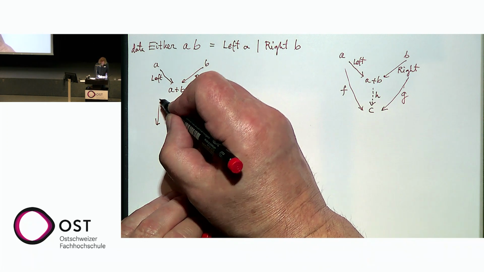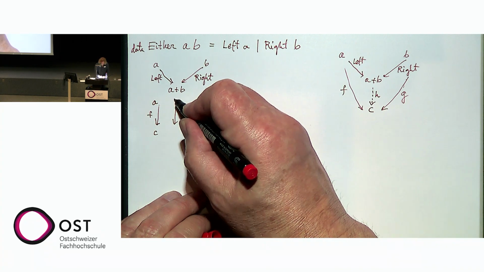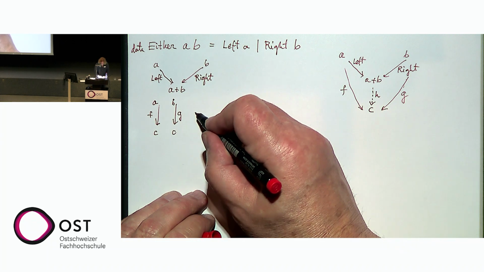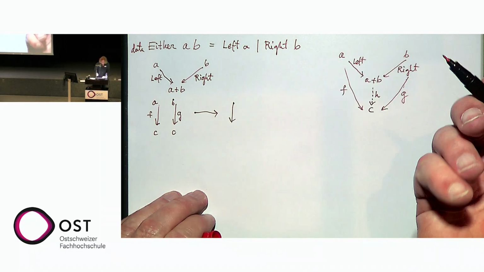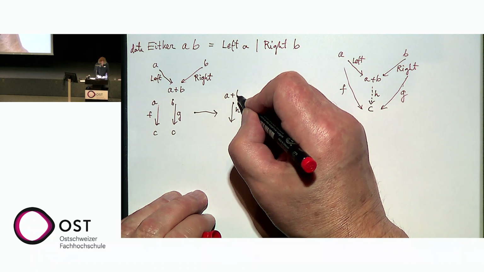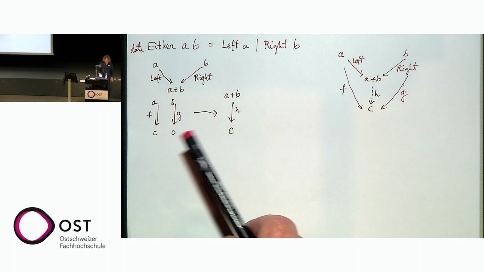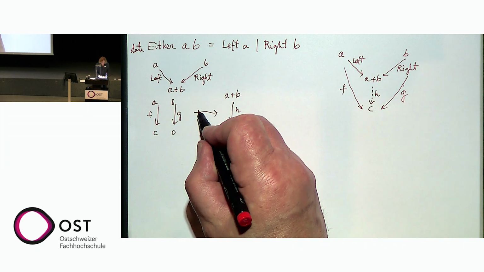Just like we had before, you have A to C, a pair of arrows, B to C, G. Then obviously this universal construction tells you that you can go to H, which is A plus B to C. So given a pair of F and G, it gives you an H. And obviously, if you give me an H, I can reproduce F and G. So this goes both ways, right?